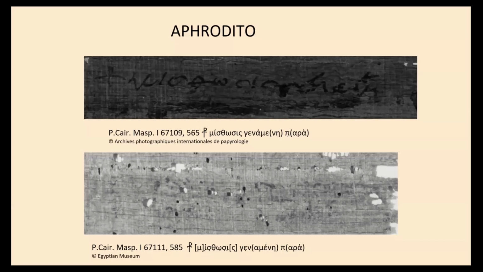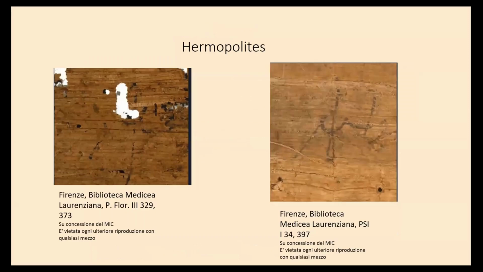The evolution of this monogram form is in some ways analogous to that present in Aphrodito and can be observed also in the Hermopolite.